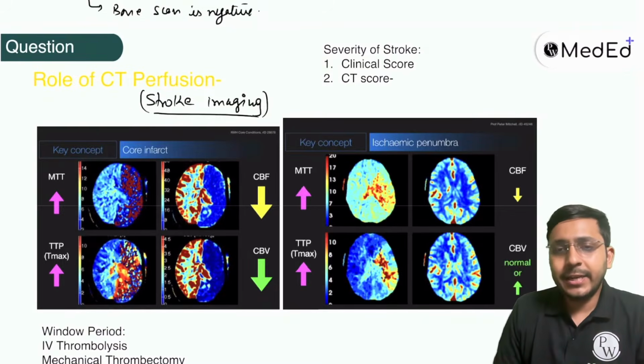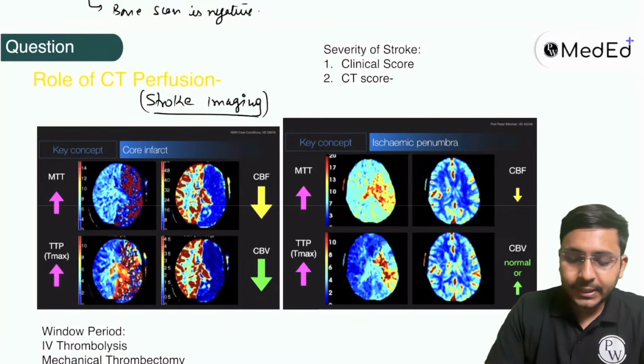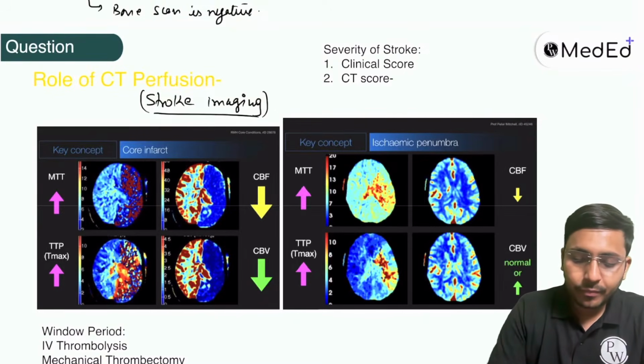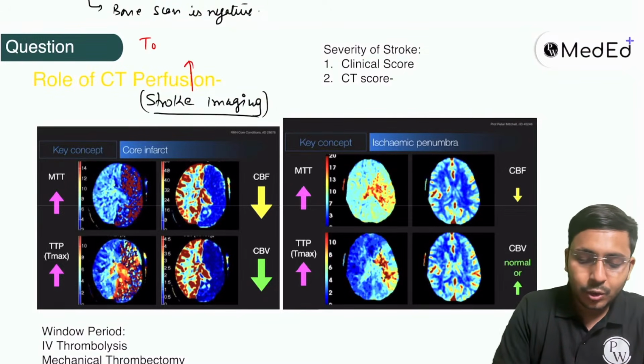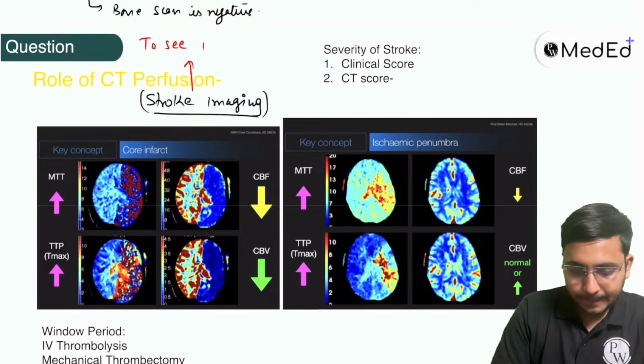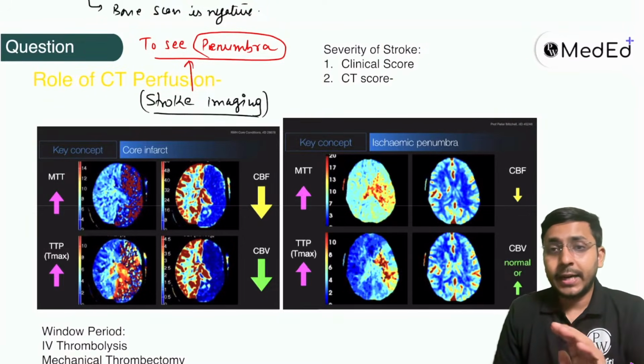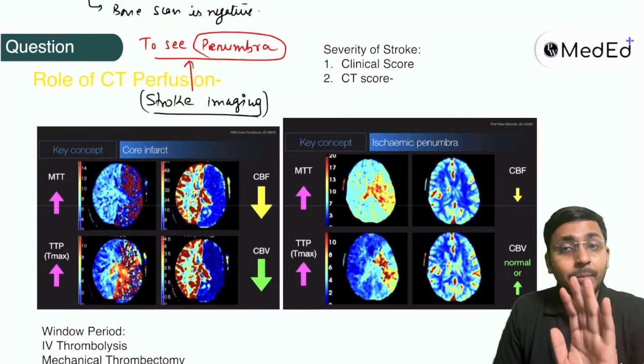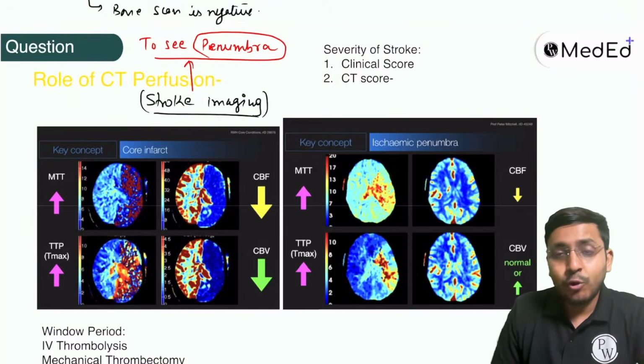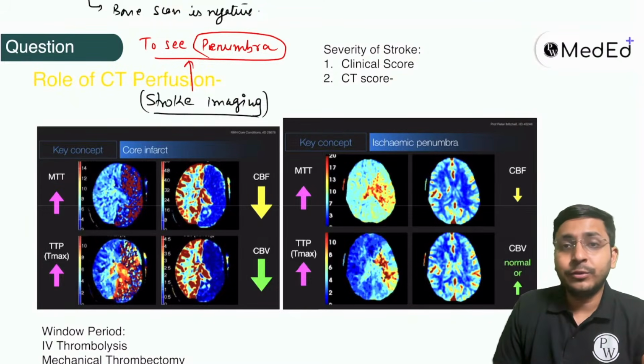Now, stroke imaging, why do we use it? To see what? Penumbra. To see penumbra. So number one, penumbra is not identified on plain CT scan or a plain MR. You have to do a perfusion imaging to see penumbra.